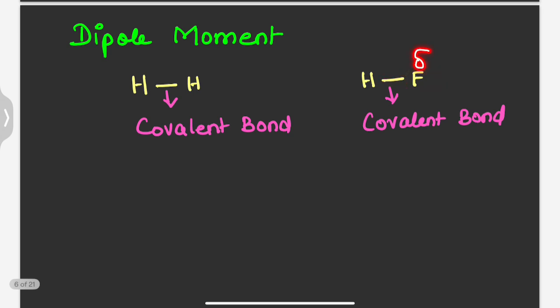Fluorine will get a partial negative sign and hydrogen will get a partial positive sign. Can you see there is charge separation now? This kind of charge separation is called a polar covalent bond, and here this is a non-polar covalent bond.